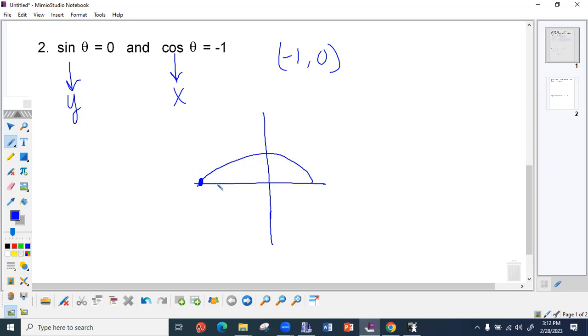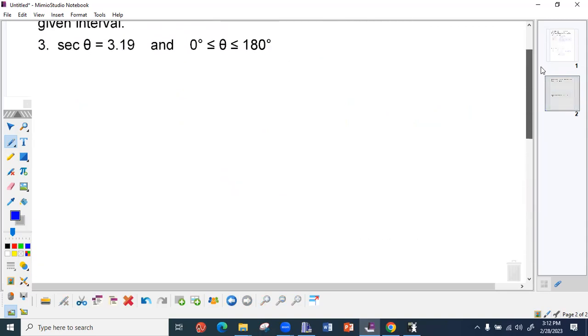Wait, guys, this is a half of a circle. So theta equals 180 degrees or pi. Let's keep it like that. Now that I know what we're doing, ready?